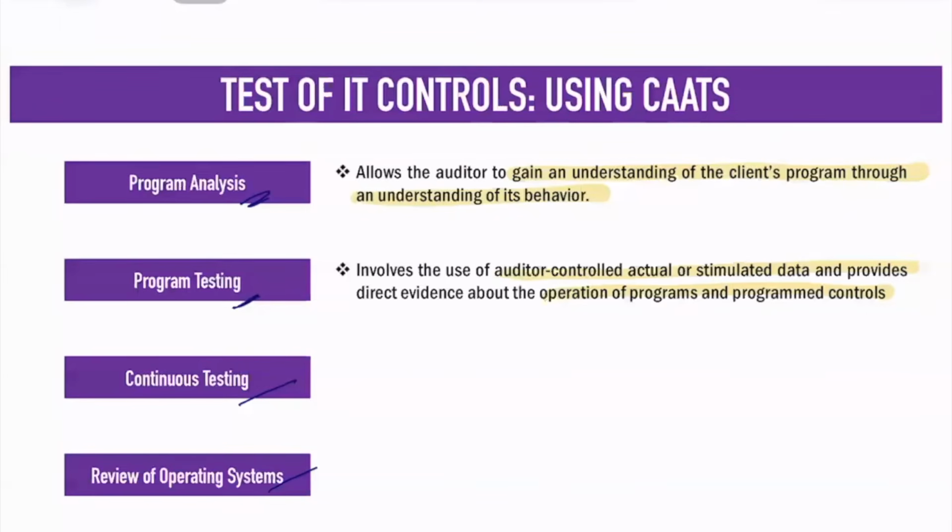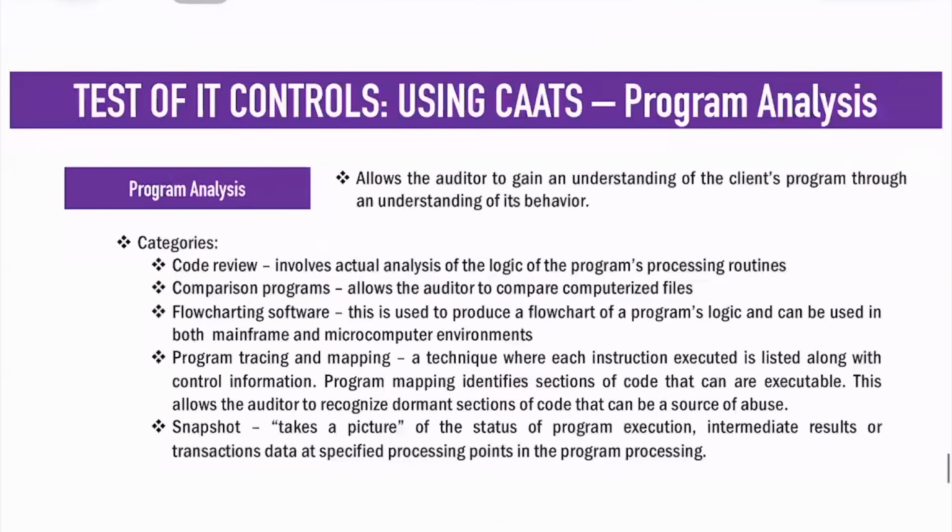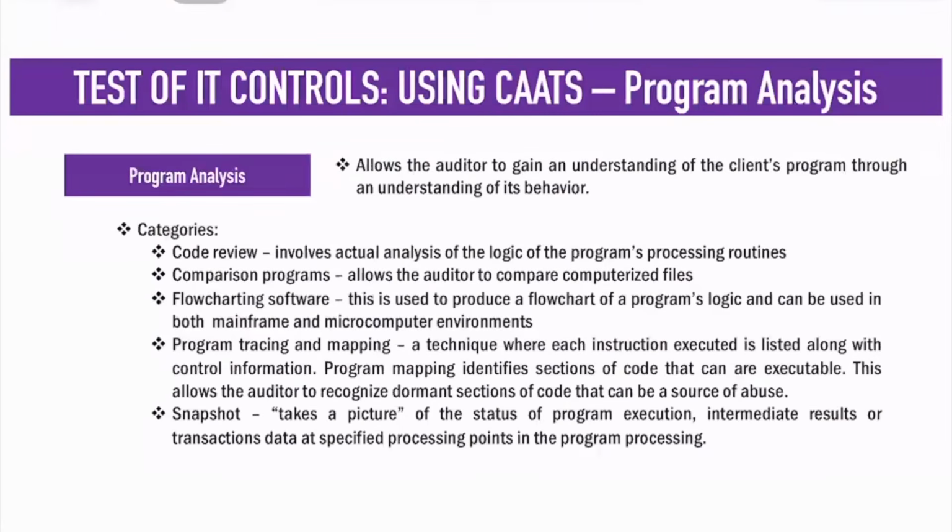We start first with program analysis. So in your program analysis, again, we said it allows the auditor to gain an understanding over the client's program. And what are the CAATs here? The CAATs here is first, we have your code review. So you analyze the logic of the program or the code. So you look into the code, the logic of that code, the process of that code. Next, we have your comparison program.